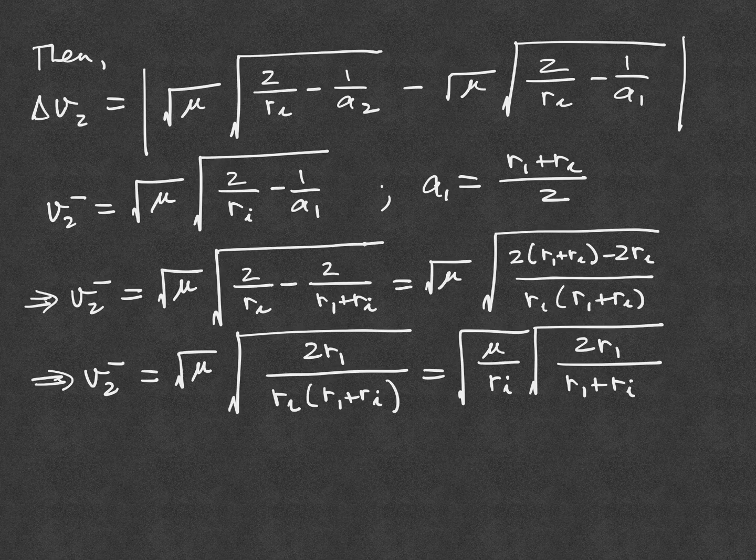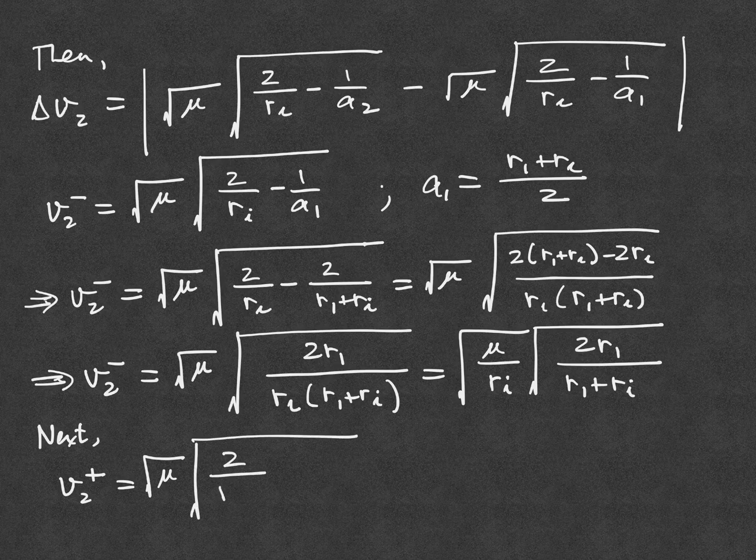Now let's do the same thing for V2 plus. So next, V2 plus is equal to the square root of mu times the square root of 2 over Ri minus 1 over A2. But A2 is equal to R2 plus Ri all divided by 2.